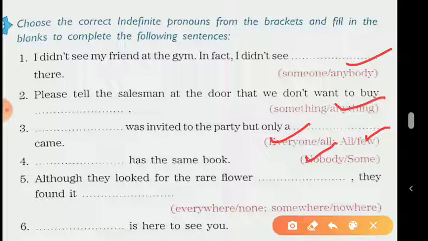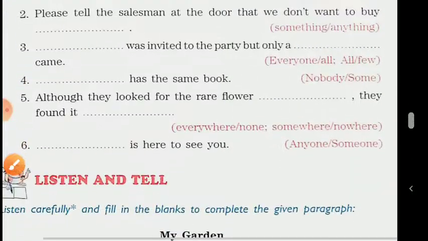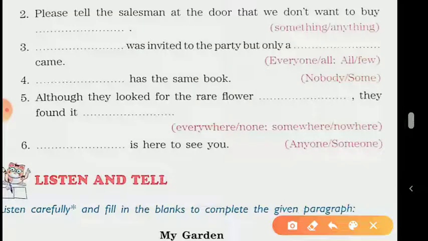Fifth, although they looked for the rare flower everywhere, they found it nowhere. Because, children, although is here, they were looking but they couldn't find it. Now, last one. Someone is here to see you.